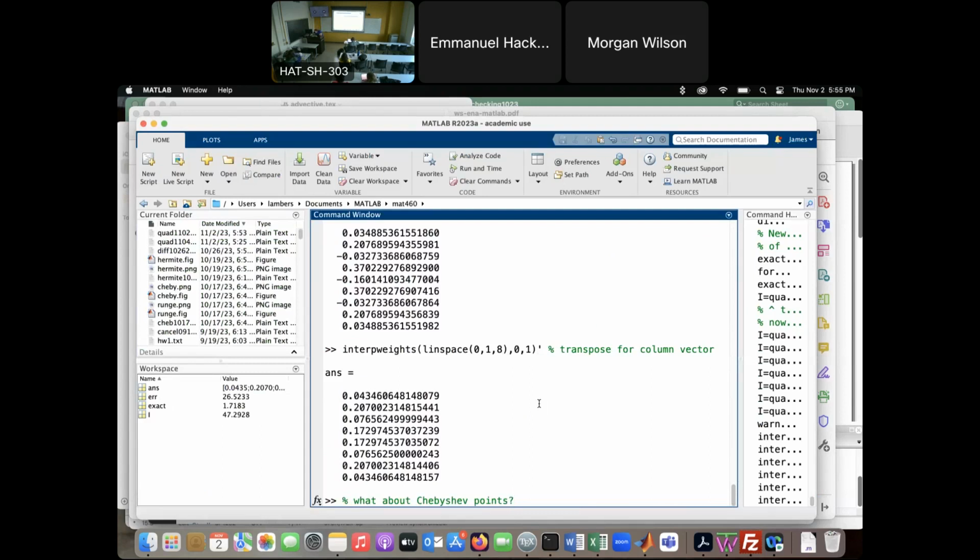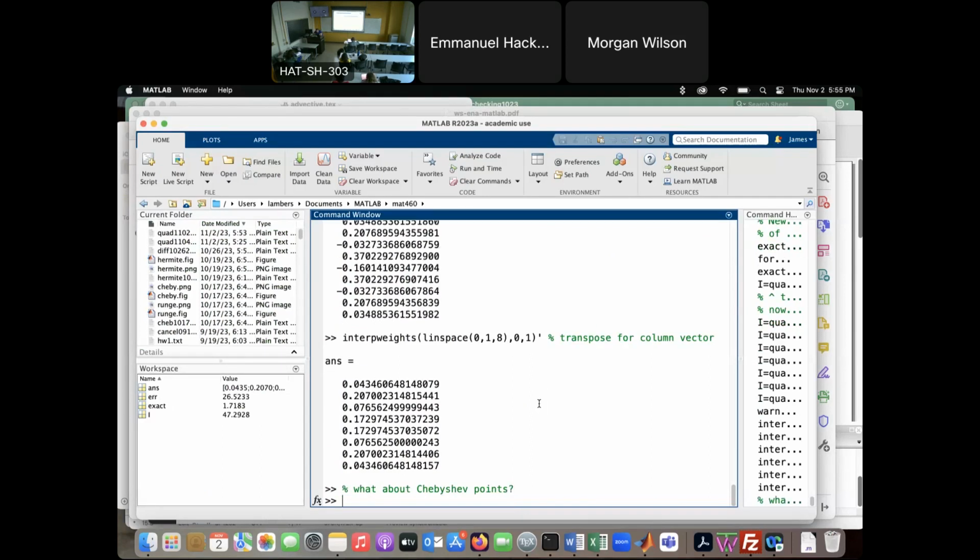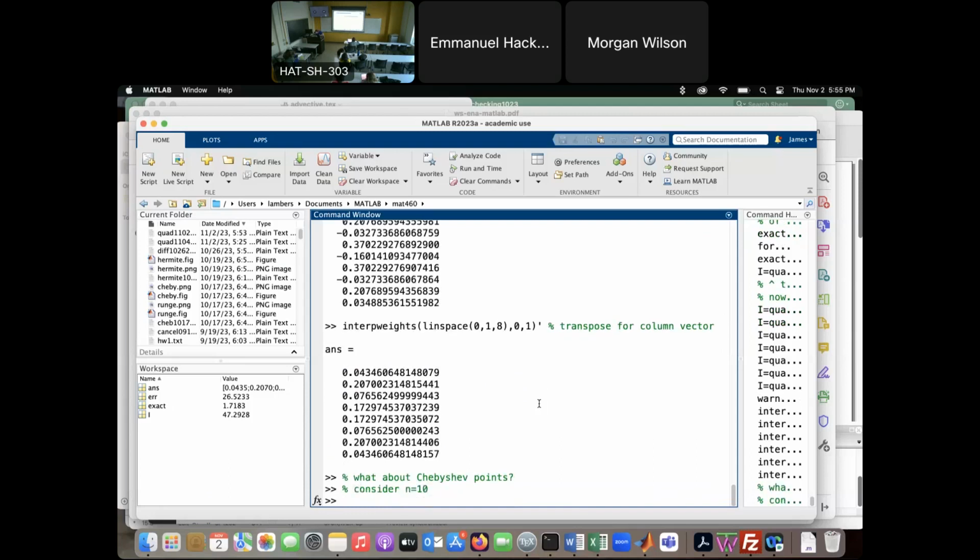Okay. So if we have 10 nodes, in other words the degree 9 interpolant, we use the roots of the Chebyshev polynomial. XC, the Chebyshev points. I'll just use the formula for them. This would have come up in homework 5.